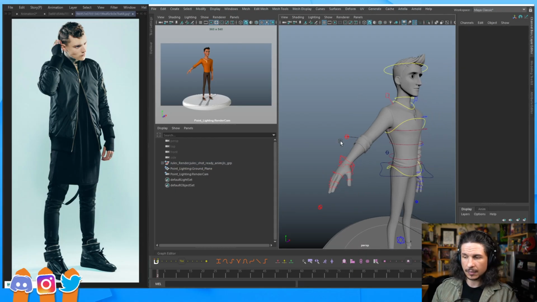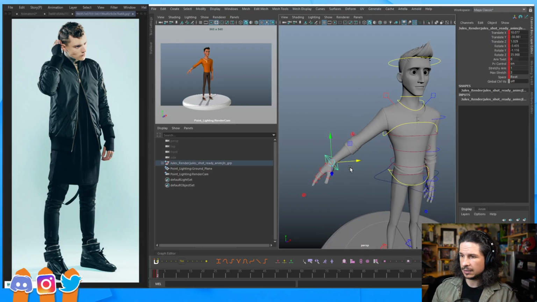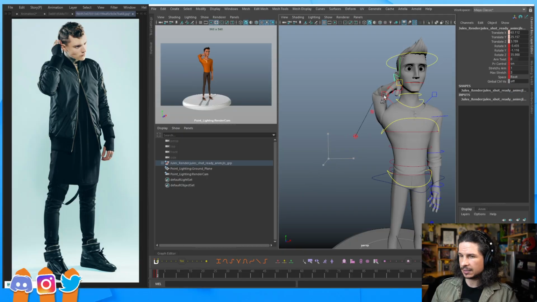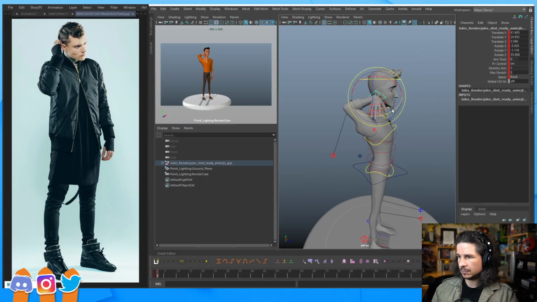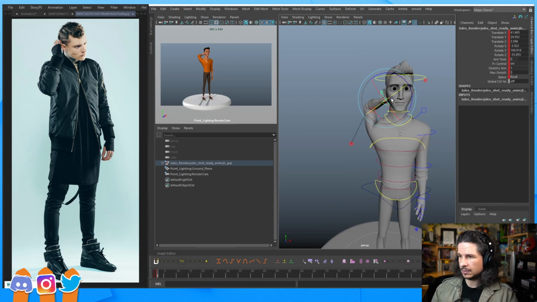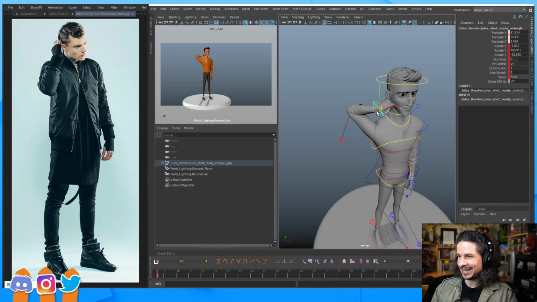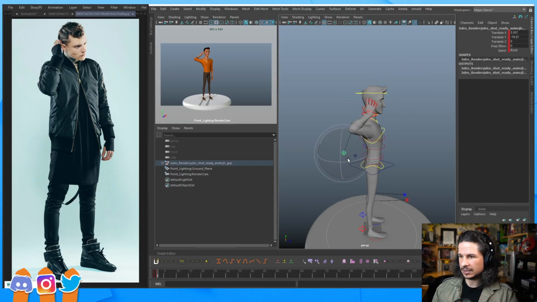There we go. And let's move this into place here. So get that out of it. Oops. Get that out of his head here. So hand pointing there, and then the elbow is going to be forward.